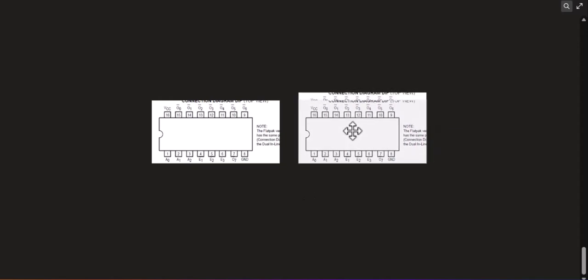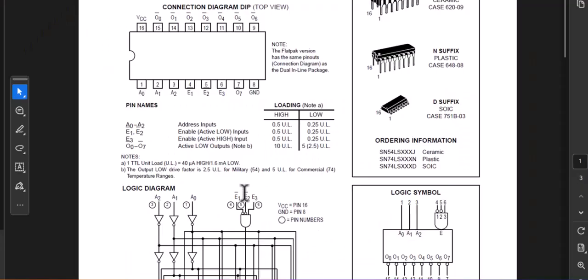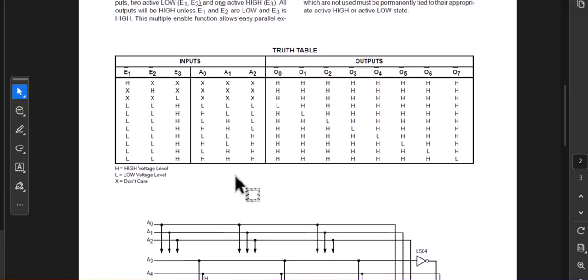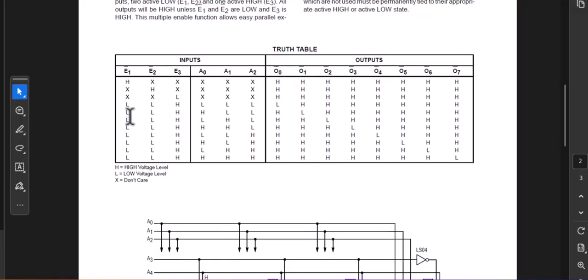You'll notice on the data sheet for this one that in order for it to be enabled, E1 and E2 have to be low and E3 has to be high.